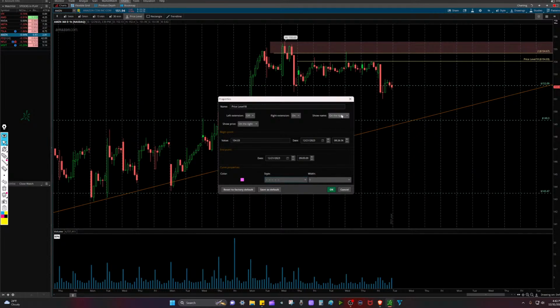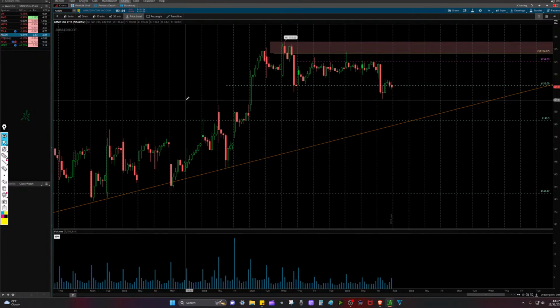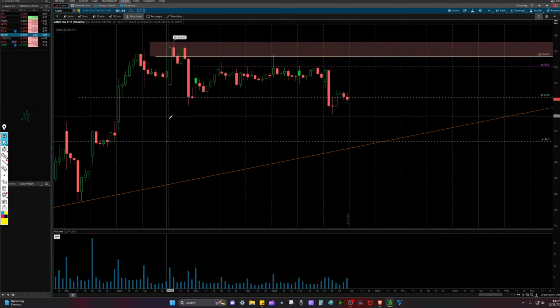I'm going to mark it as a possible resistance because, as you can see, multiple times it came back here at 154, rejected, rejected, rejected, so many times.